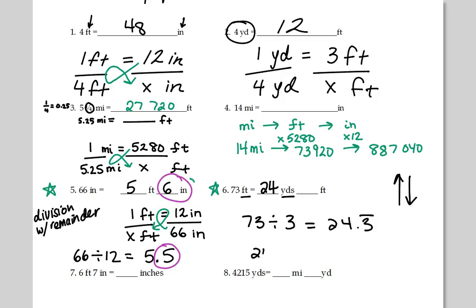So you have 24 perfect groups of 3. What's 24 perfect groups of 3? 72. So how much is left over? 1.